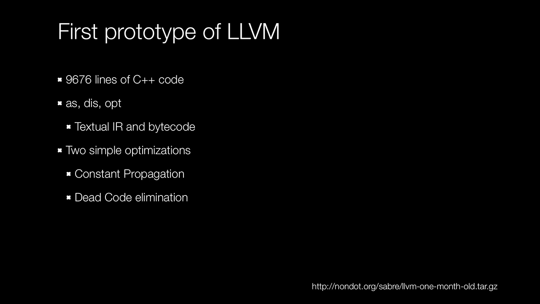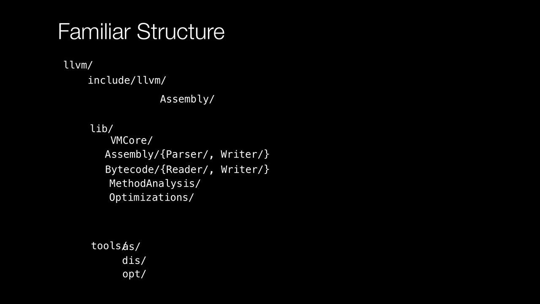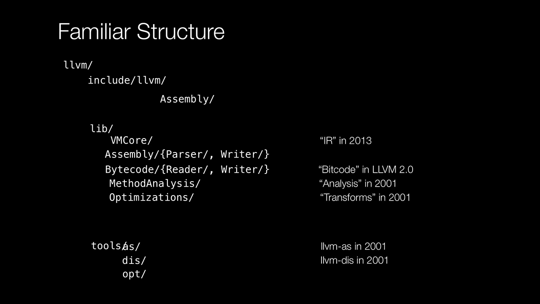Now, one of the funny things about it is it's actually remarkably similar to what we have. So the directory structure, for example, was already there with the lib and tools and include LLVM, and underneath it had the tools and libraries. I guess I got some formatting messed up here. In libraries, we had VM core, ASM parser, or the assembly bytecode, this thing called method analysis and optimizations, and some of these things got renamed.